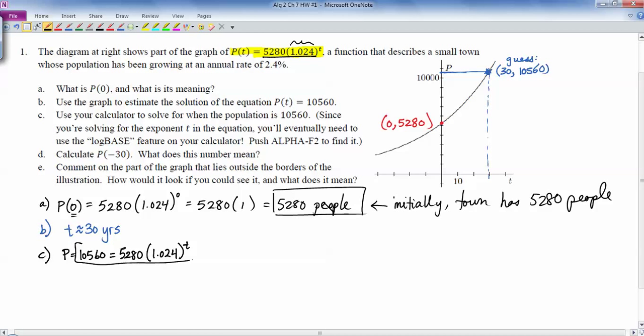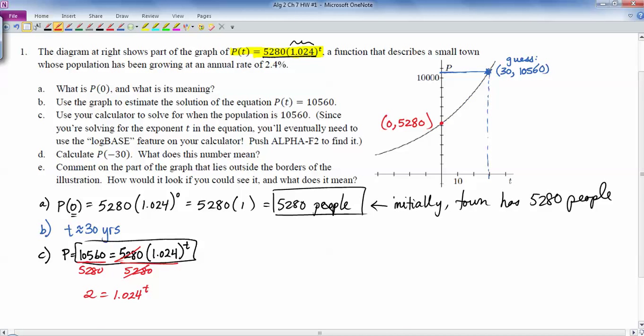So here's what we're solving right there. Let me divide both sides by 5280. Those cancel, and so I'm left with, this left side ends up being 2. And then the right side is 1.024 to the t.